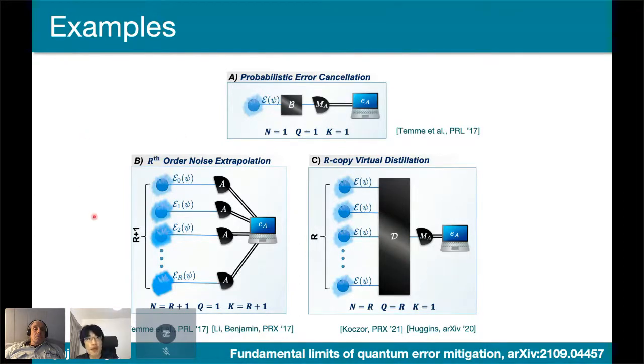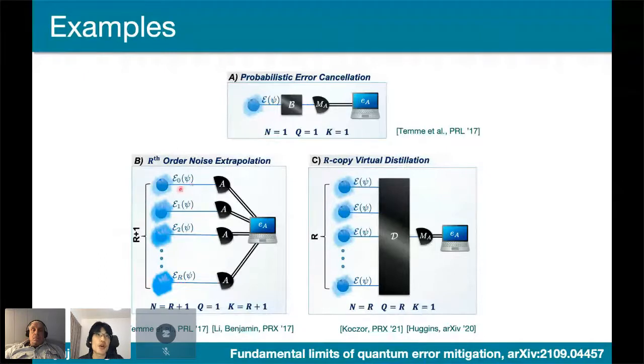The second example is known as the noise extrapolation method or Richardson extrapolation method, introduced also in this paper and another paper as well. The idea here is that you're given some noisy state, but to reconstruct or guess your noiseless case, you prepare different noise levels, which can be prepared by yourself, by basically increasing the noise level.